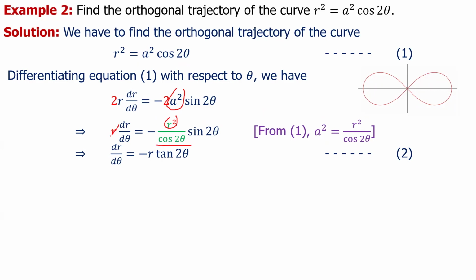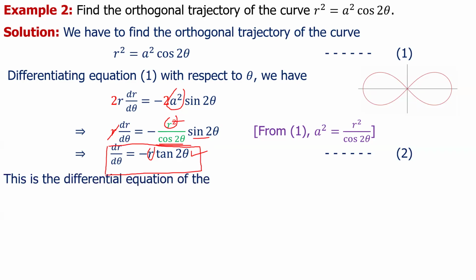Since there is an r on both sides, one r will cancel. So we have dr d theta equal to minus r times sine 2 theta upon cos 2 theta, which is nothing but tan 2 theta. So dr d theta equals minus r tan 2 theta, and this is the differential equation of the given family of curves.